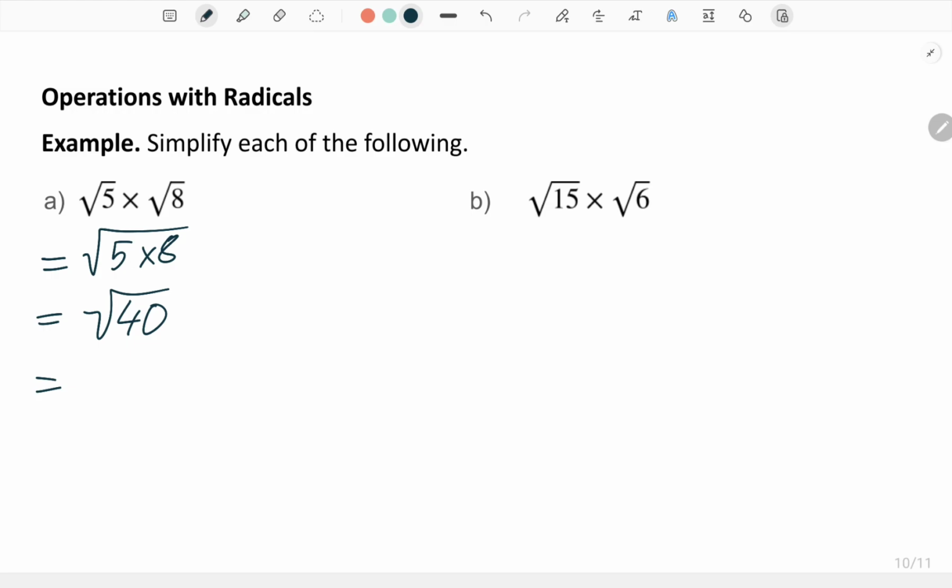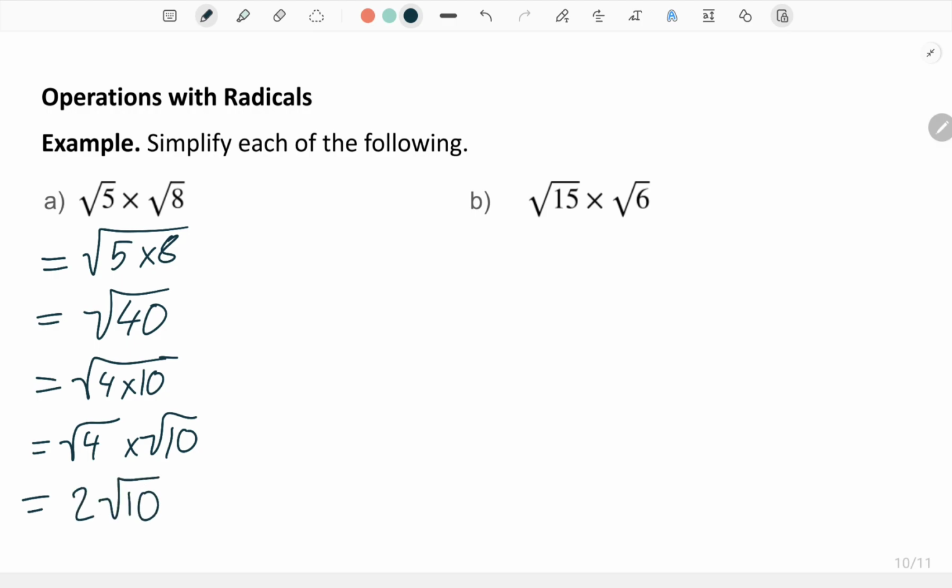Now, we want to take that 40 and break it apart, like we did before, where we're checking what perfect square divides into 40. In this case, it's 4. So 4 times 10 is the same as 40. Split that apart so that you can rewrite this as root 4 times root 10, which becomes 2 root 10 when you take the square root of 4.